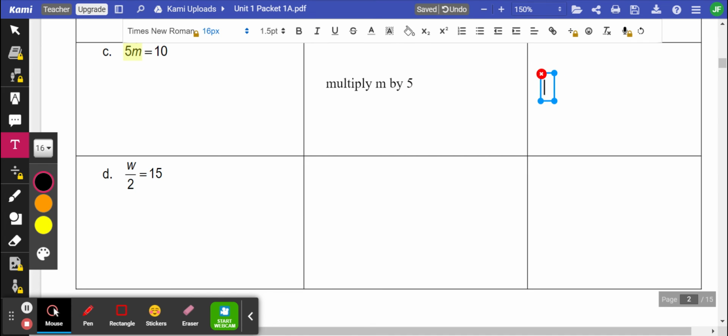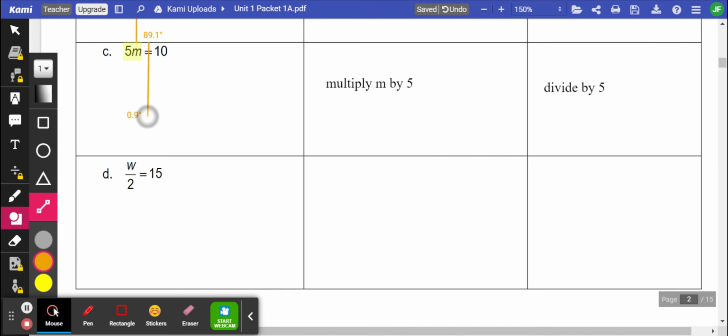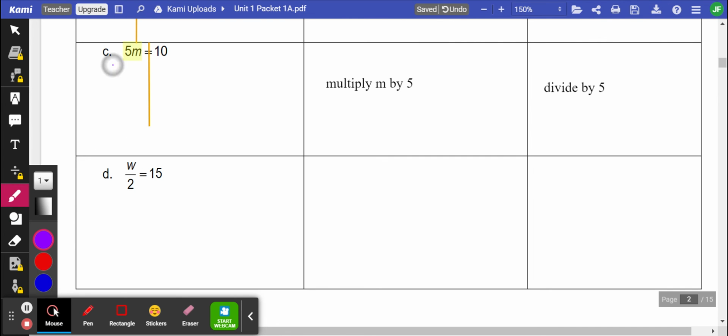So the opposite of multiplying m by 5 is to divide m by 5. Same process, draw your line through the equal sign. And typically, I see students write this, divide by 5. I don't write it that way. I don't know many math teachers who will write it that way.